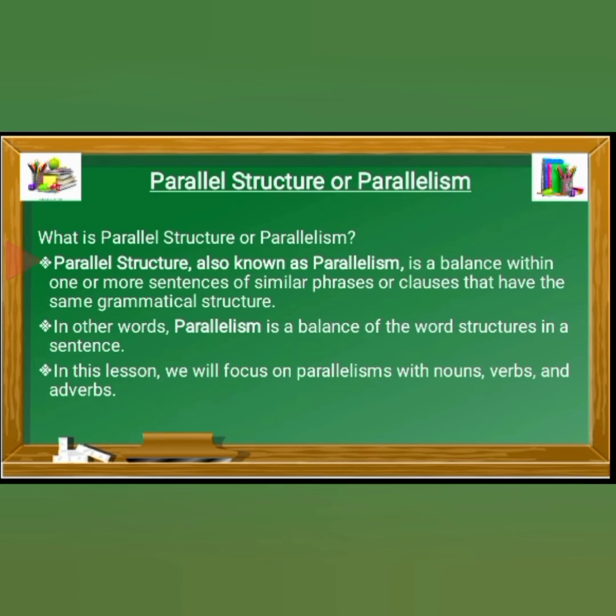Parallel structure, also known as parallelism, is a balance within one or more sentences of similar phrases or clauses that have the same grammatical structure. In other words, parallelism is a balance of the word structures in a sentence. In this lesson, we will focus on parallelisms with nouns, verbs, and adverbs.